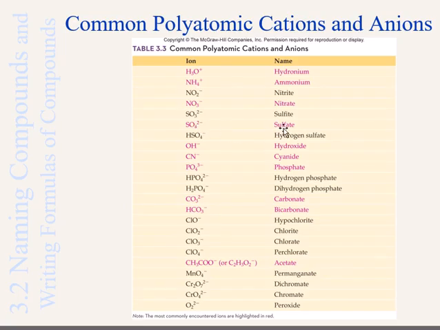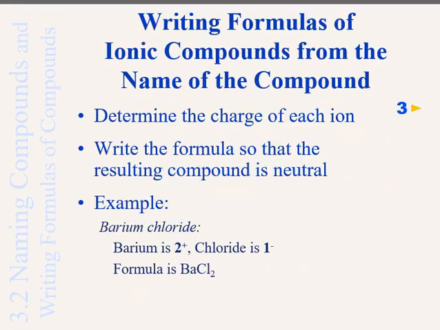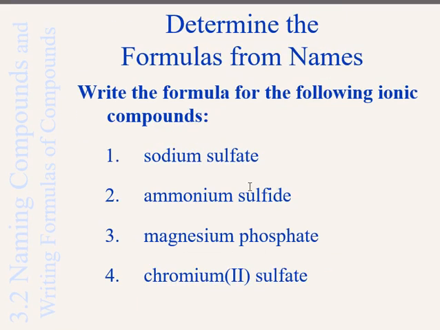SO4 with a 2 minus charge, that's sulfate. So what would be the formula of this compound? That 2 minus would crisscross over to sodium. Sodium only has a charge of 1 plus, crisscross over there. So what would be the formula? It would be Na2 as a subscript, SO4.